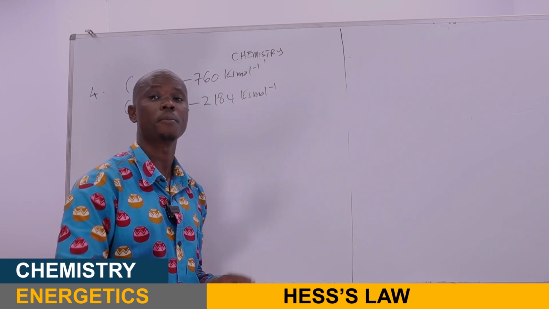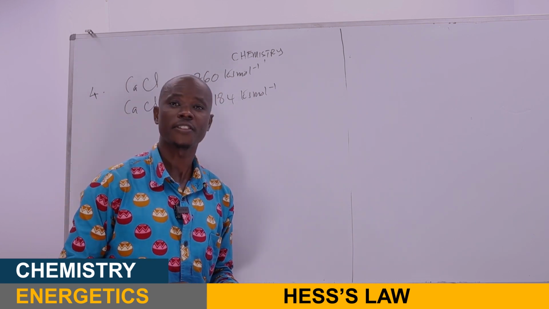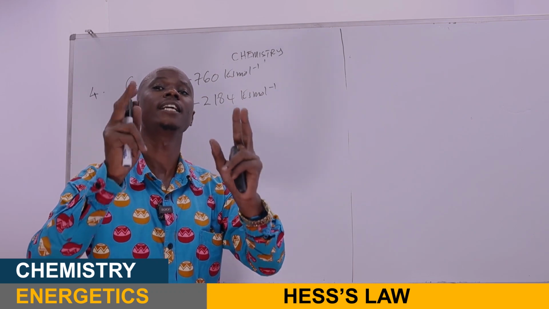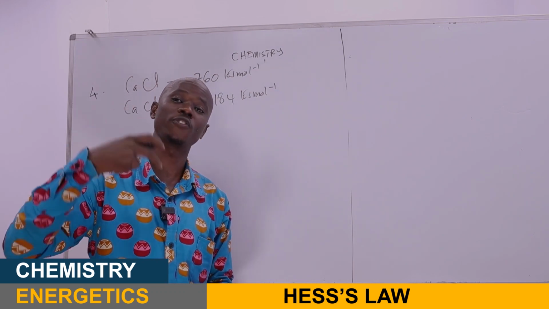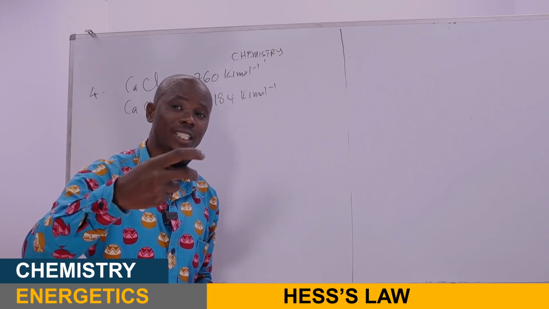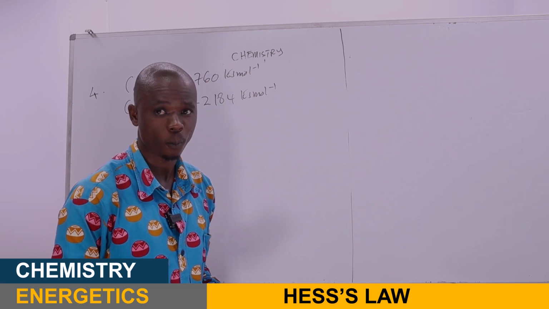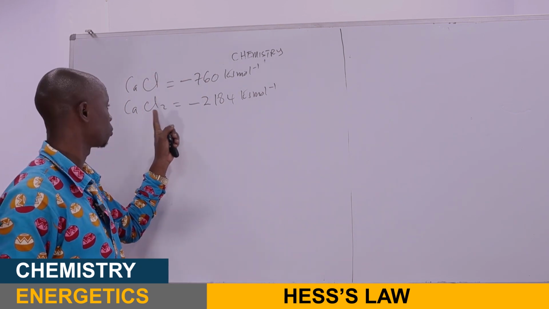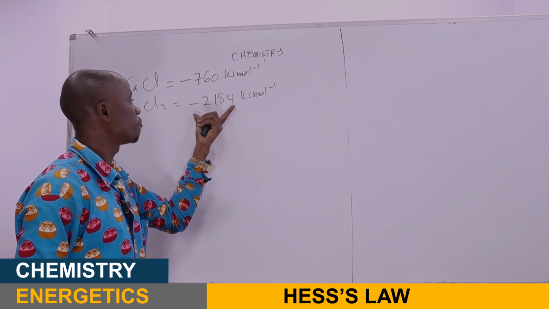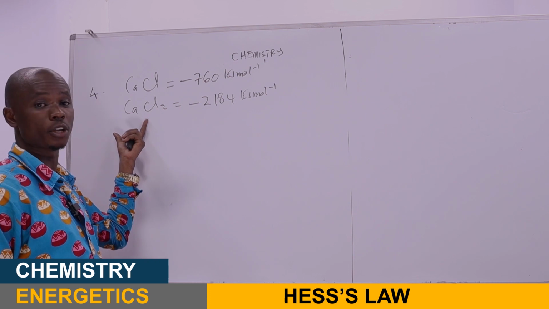Always, highly exothermic compounds, which are indicated by more negative enthalpy of formation, are highly stable. Because when a large amount of energy is given out to form a solid ionic compound, that means that compound is very stable. So when you compare the two compounds, calcium 2 chloride is formed with a large amount of energy released by forming this ionic compound.